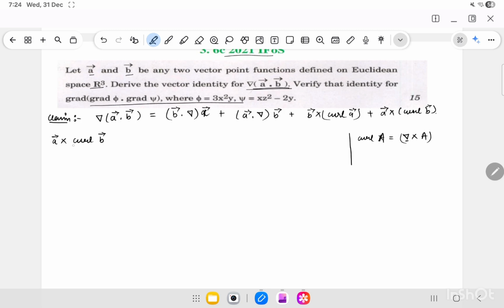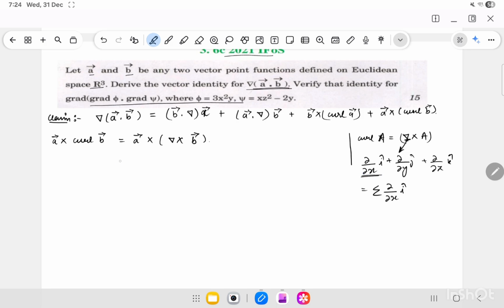So this thing, that is a vector cross curl b vector, will be equal to a vector cross del cross b vector. Now this del symbol can be opened as del by del x i cap plus del by del y j cap plus del by del z k cap. So we'll be writing it as summation of del by del x i cap, because otherwise it will be too much to write. This is the short form that we'll be writing for this.